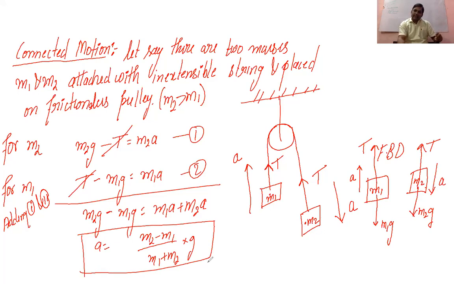Now, using the acceleration, we can find out the tension in the string by putting the value of acceleration in the first or second equation. पहले इक्वेशन में या दूसरे इक्वेशन में बच्चे एक ही वैल्यू रख देंगे, then we can get the value of tension here.